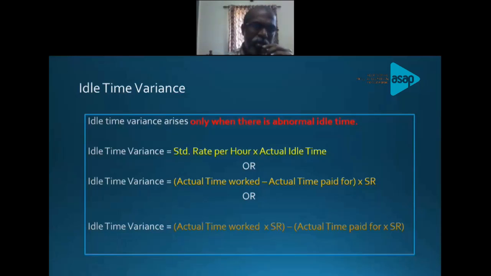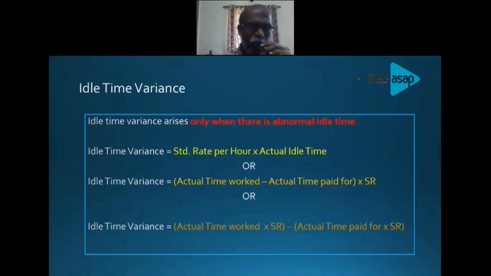Say, for example, the total working hours in a factory is 10 hours per day, and 1 hour is given as lunch break, coffee break, etc. The management cannot avoid or control it, because it is quite normal.